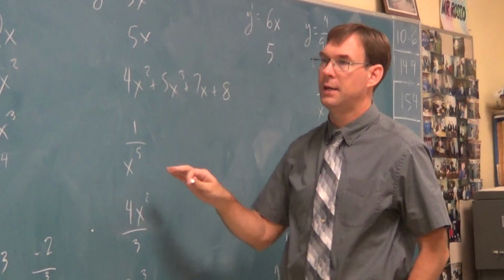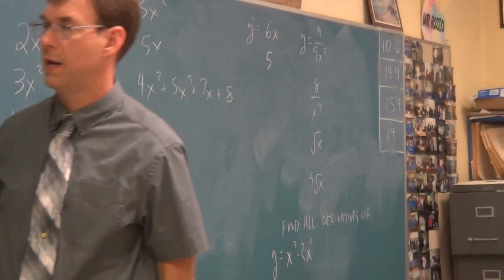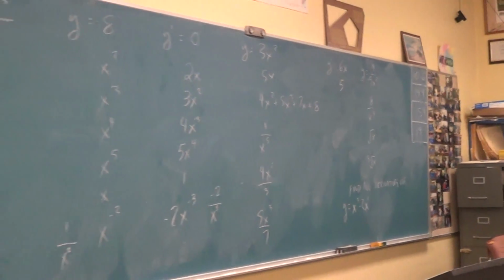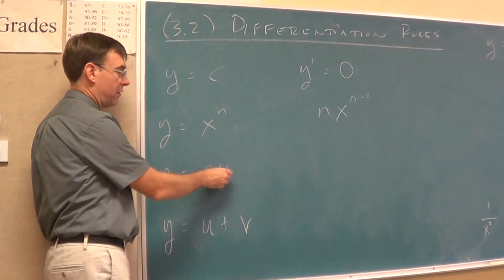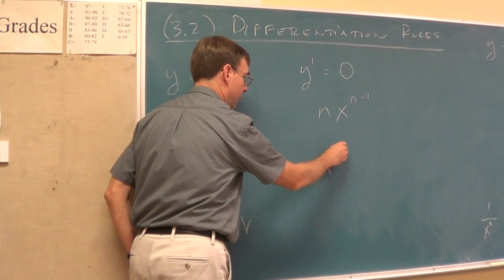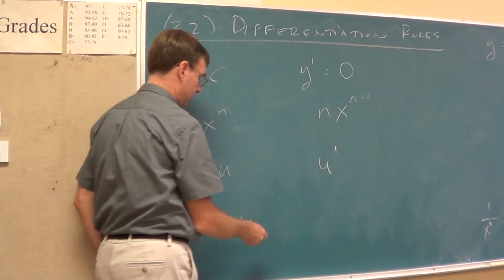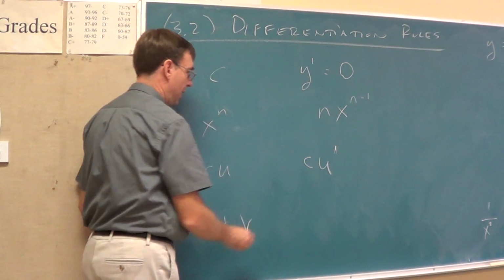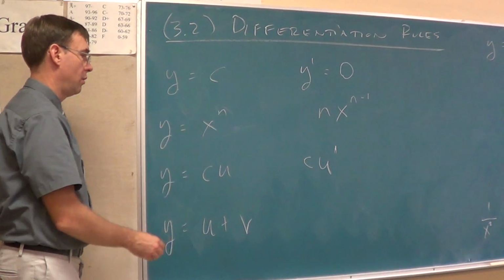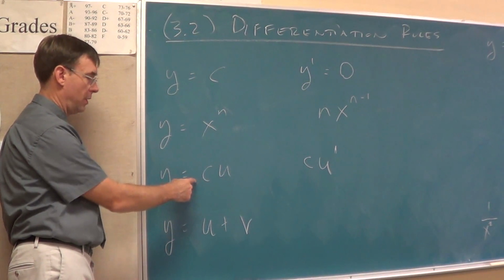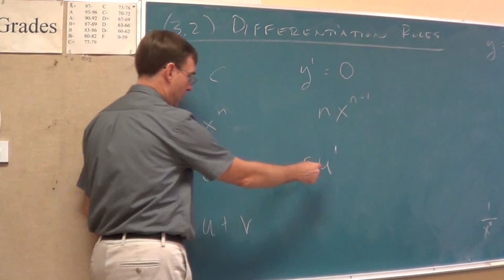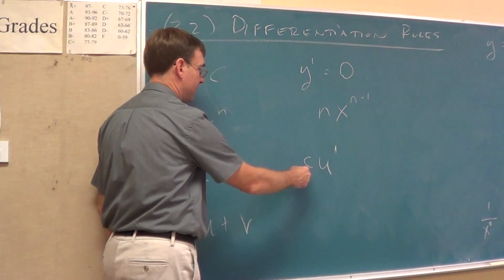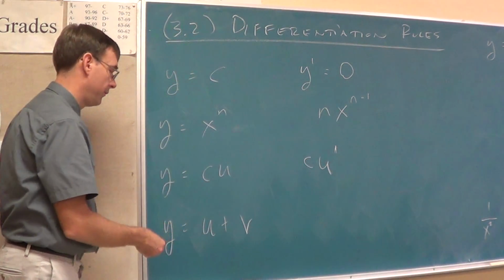Then let me take a step back to illuminate these rules. So we just had a problem of this form. If you have some number multiplying stuff, what you want to do is the derivative of the stuff, and it's just going to multiply the number. The English version of this rule is if you have stuff multiplying a number, do the derivative of the stuff like you always have, just make sure you multiply the number with it.